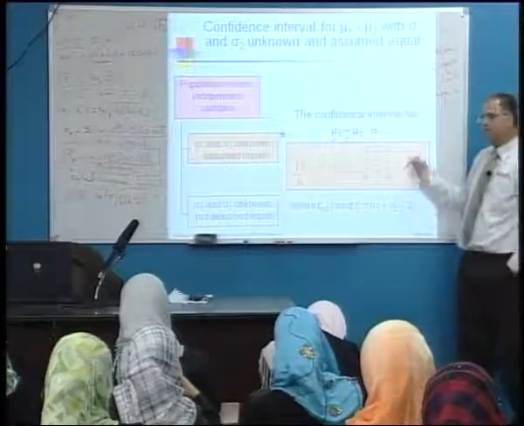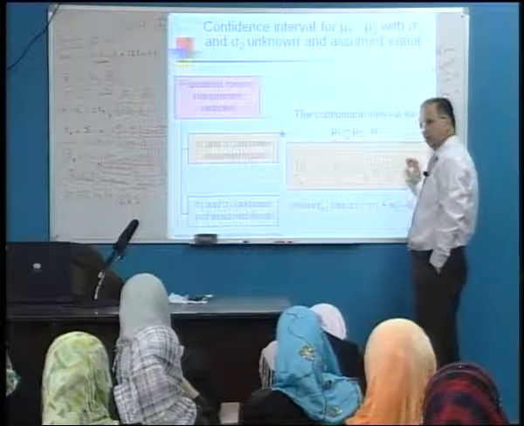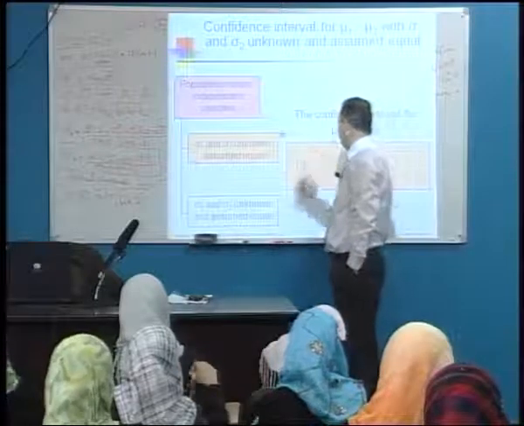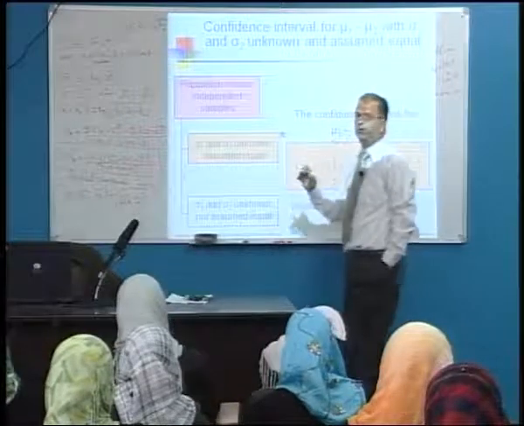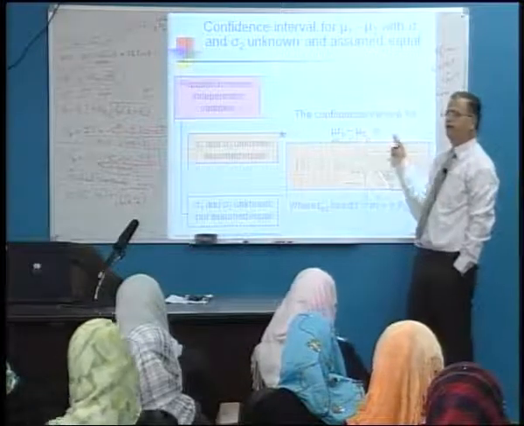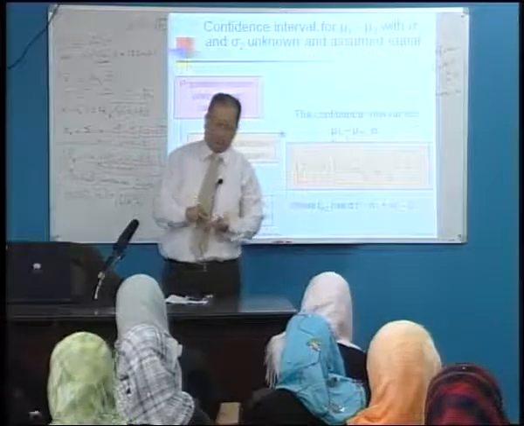Because the plus doesn't change if we start with 1 over n2 plus 1 over n1. But this one should be x2 bar minus x1 bar if we are talking about the confidence interval for the difference mu2 minus mu1. And that's all.